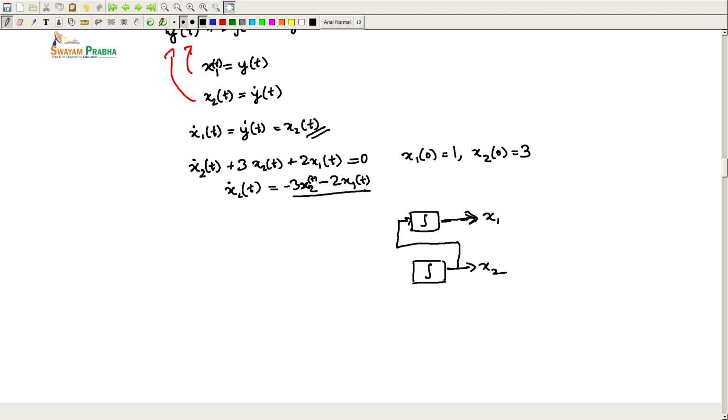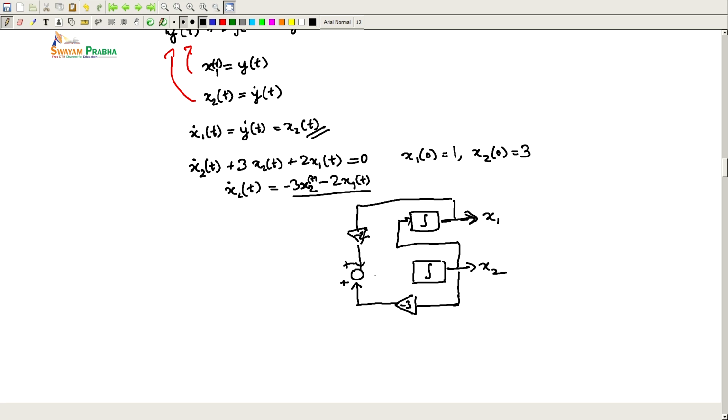So, here we will have a summation block. We will take minus 3 x2 here, and similarly we have minus 2 x1.